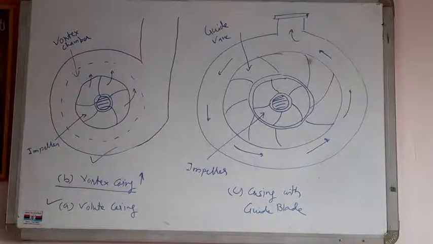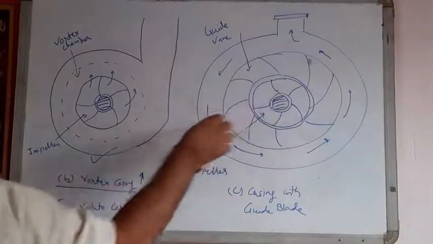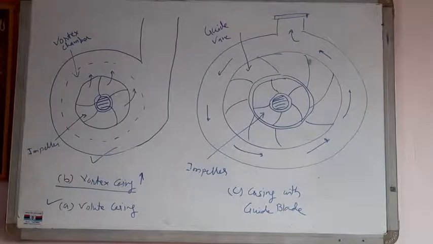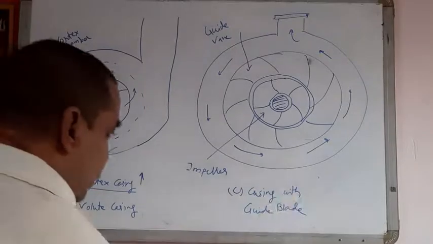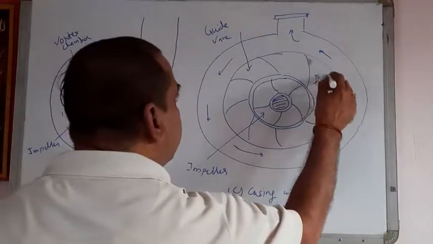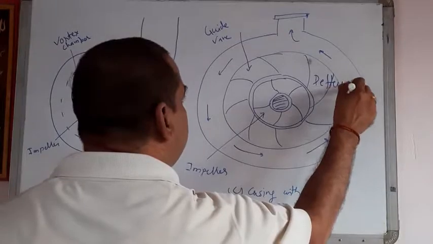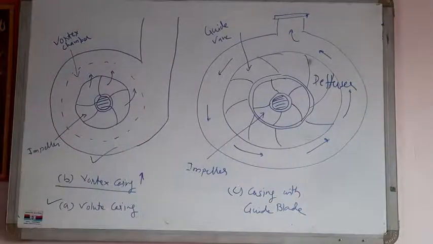Next is casing with guide blades, in which the impeller is surrounded by a series of guide blades mounted on a ring, which is known as diffuser. The guide vanes are designed in such a way that the water from the impeller enters the guide vanes without shock.